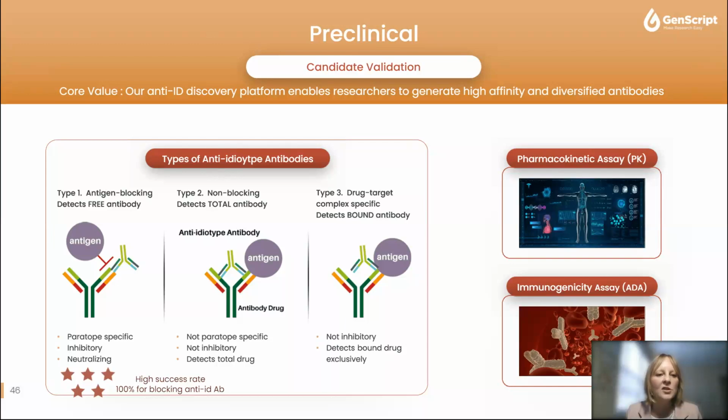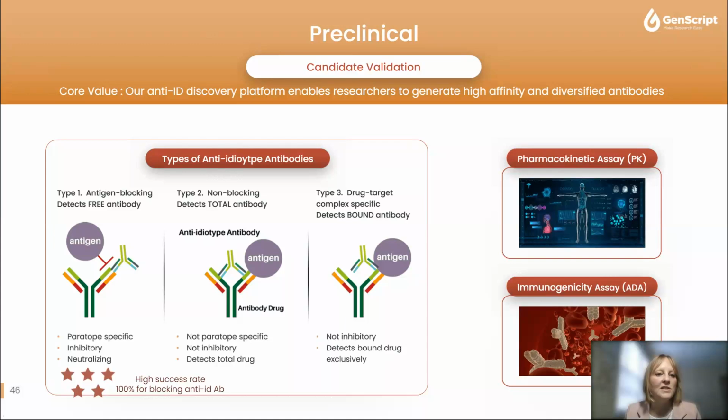We also have a large collection of catalog anti-idiotype antibodies as well. These antibodies function to monitor the pharmacokinetics, immunogenicity, and efficacy of the antibody drug candidates in these preclinical models, and then give that valuable insight into the behavior and potential therapeutic impact.